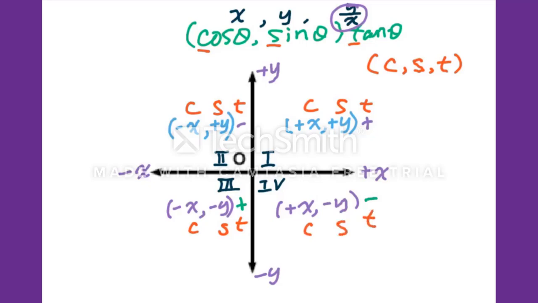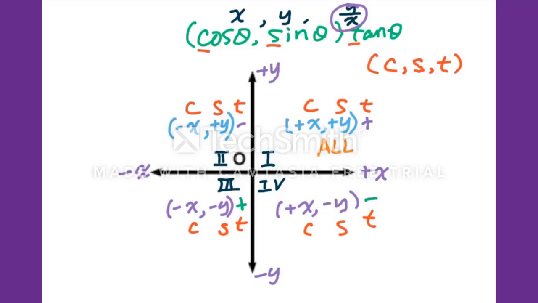CST. Let's analyze the sign for each trig function in the different quadrants. Look at the first quadrant. Cosine, sine, tangent, all positive. So I will write down all here. Look at the second quadrant.